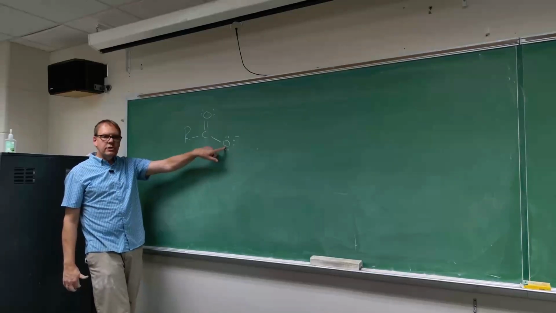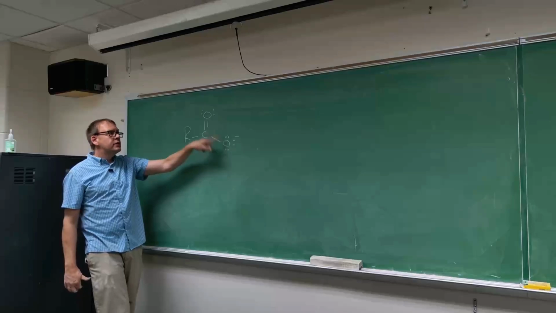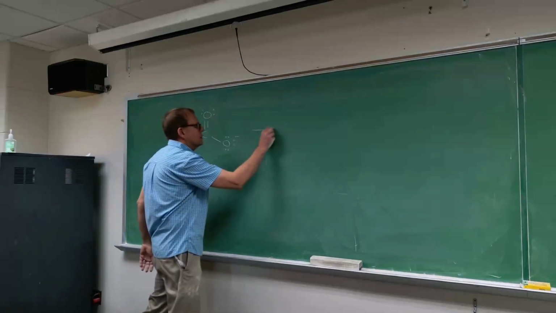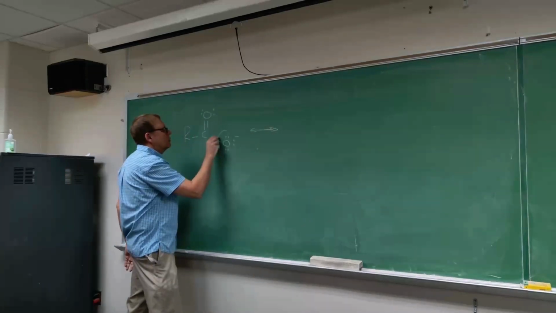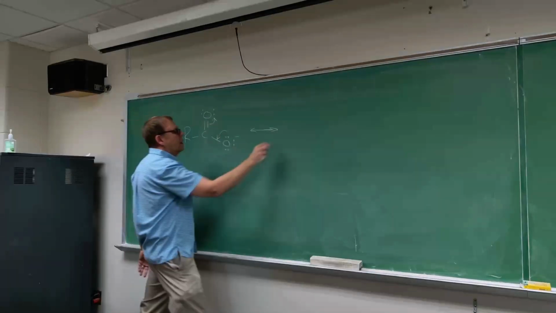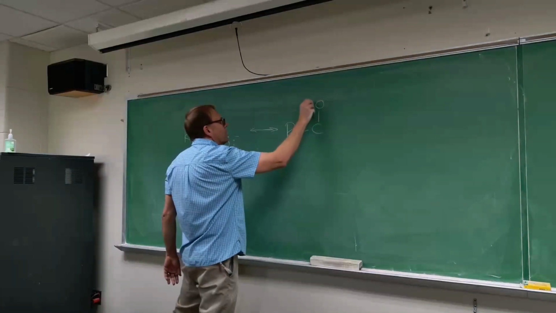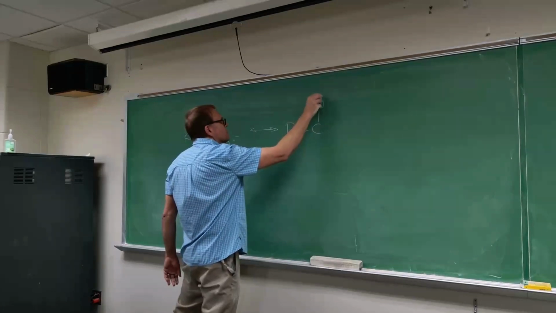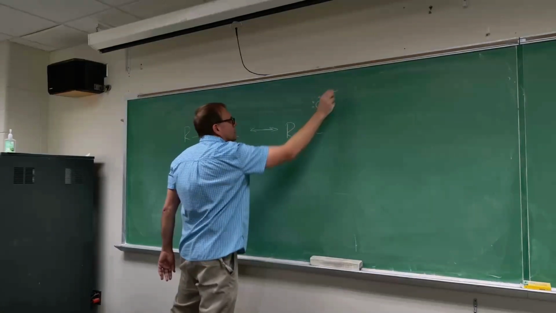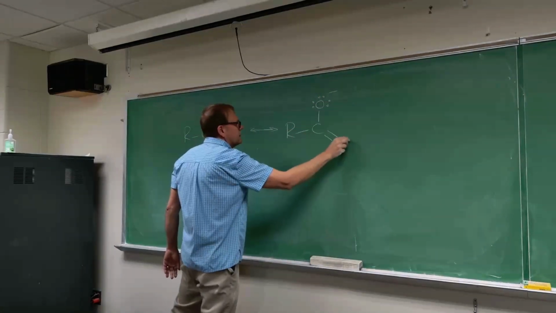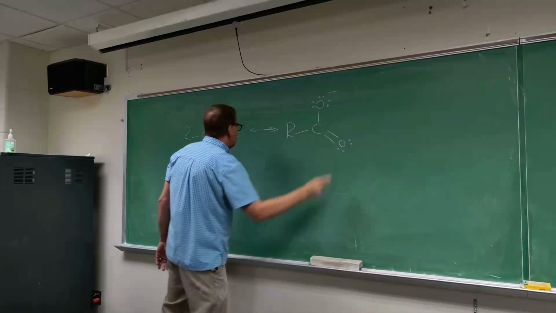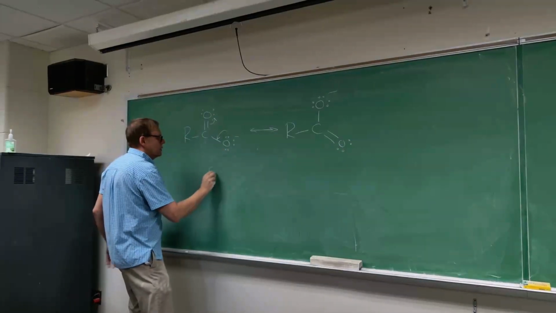The negative charge is not stuck on that oxygen. It's shared with the other oxygen. So there's a pair of resonance structures that collectively describe this anion, and it makes a big difference in terms of stability. So this carboxylate anion is stabilized due to resonance.